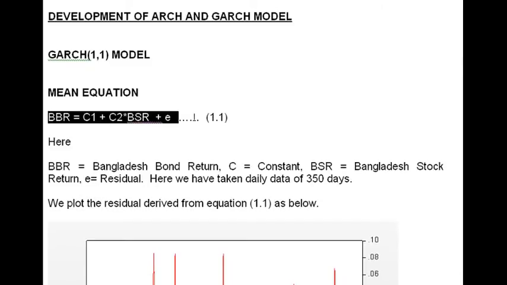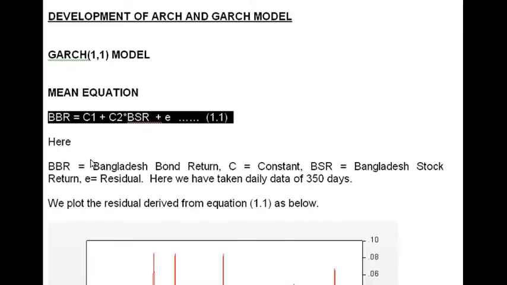Okay, so first we talk about equation number 1.1. Here you can see BBR is the dependent variable, C1 is the constant, C2 is the coefficient, BSR is the independent variable, and E is the residual.